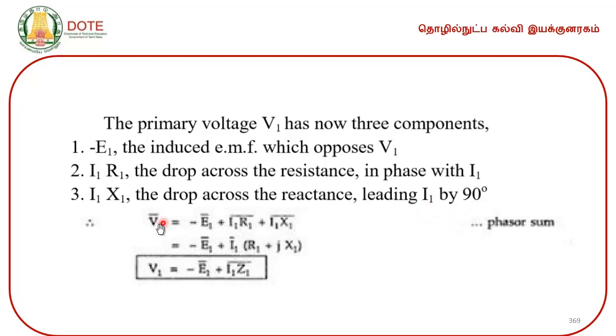So, V 1 vector is a combination of minus E 1 plus I 1 R 1 plus I 1 X 1, all phasor addition. So, V 1 is equal to minus E 1 plus I 1 Z 1, because I am going to take I 1 out as the common element. R 1 plus j X 1 gives you Z 1, that is the impedance of the primary.